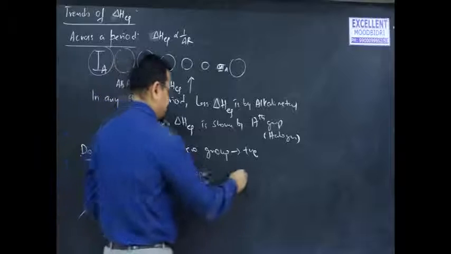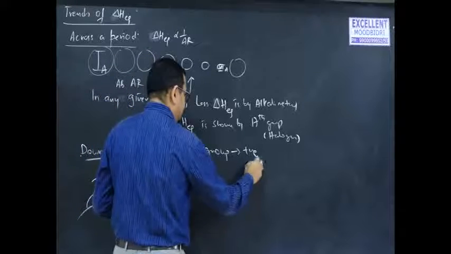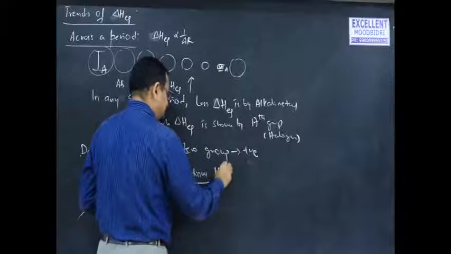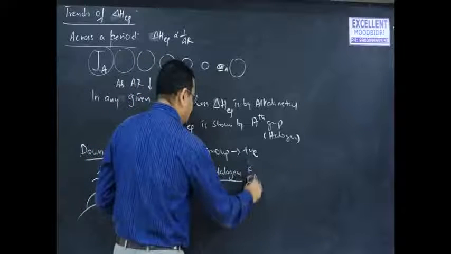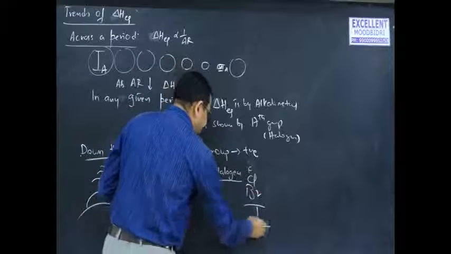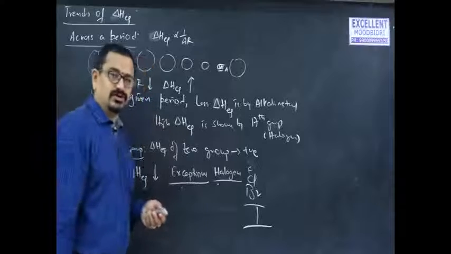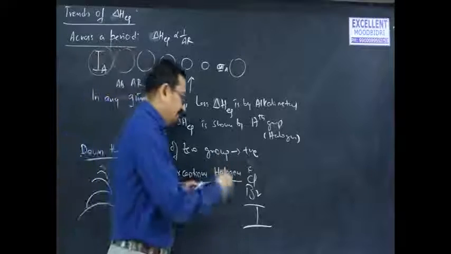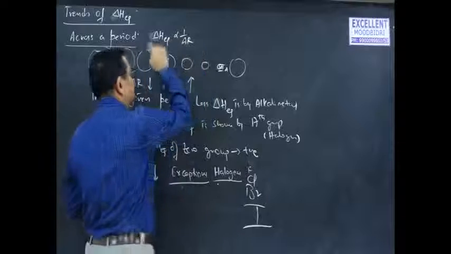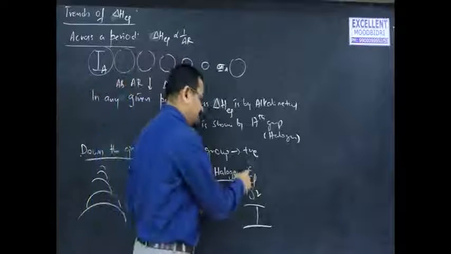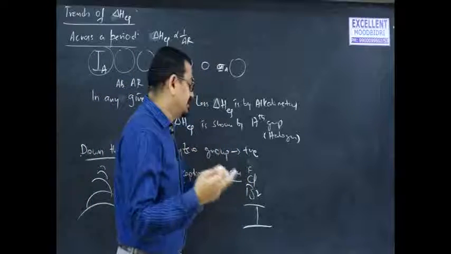What are those exceptions? In case of halogens, we have fluorine, chlorine, bromine and iodine. We expect which element to have high electron gain enthalpy? The smaller the size, the more is the electron gain enthalpy, so we expect fluorine to have the highest.